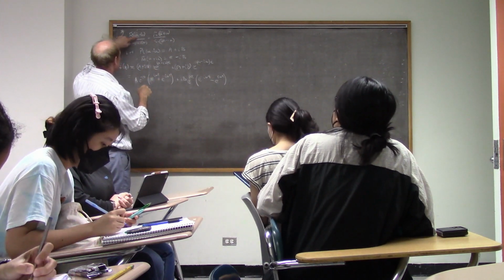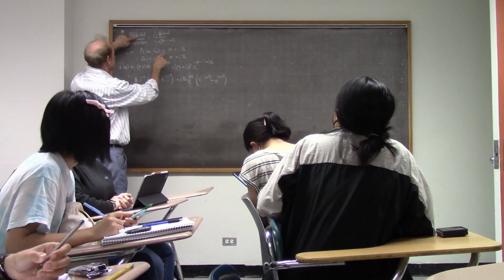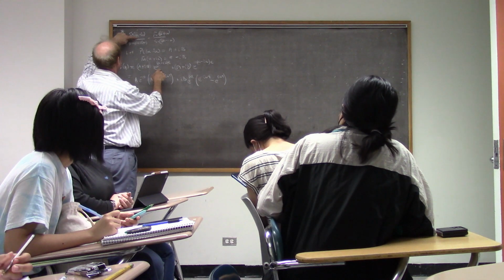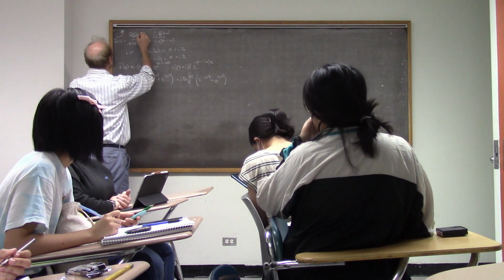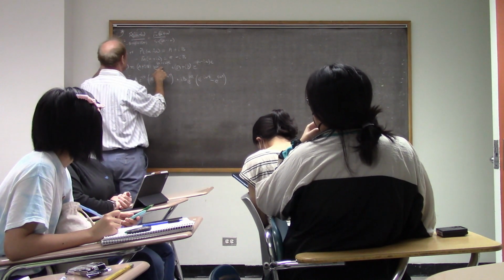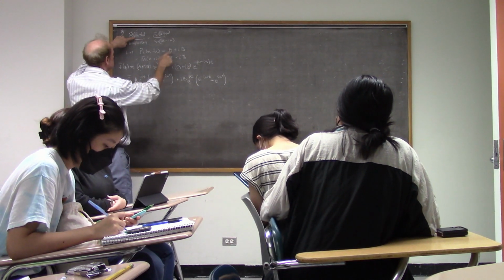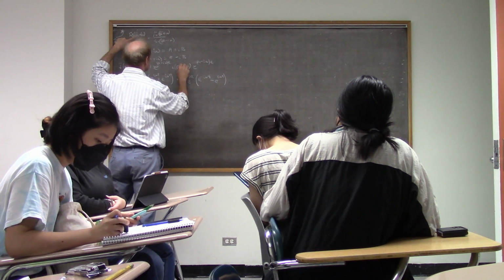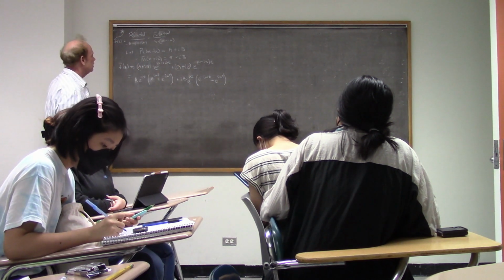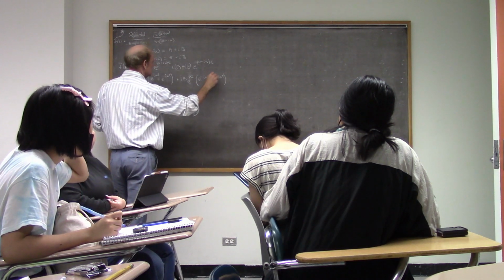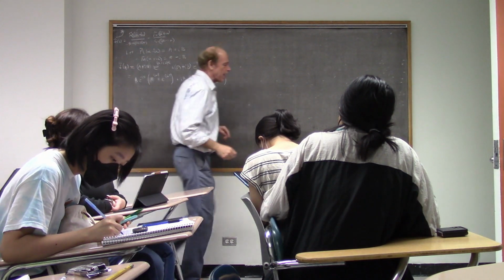So this one is a plus ib times e to the, that's a plus ib, that's a plus, and this one should have been a minus. And let's get this right now. Now this is minus, and this is a plus. So let's just go back and see what we did.